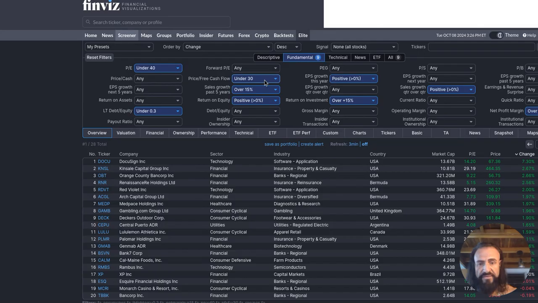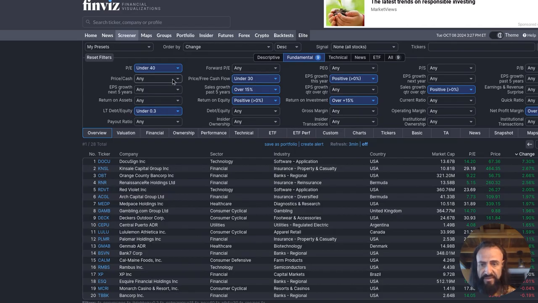It also depends on what industry you are trying to buy stocks in. Of course, if you want to buy tech stocks or you're into software stocks, semiconductors, you might want to raise those values here. Usually banks, insurance companies trade at a lower PE.